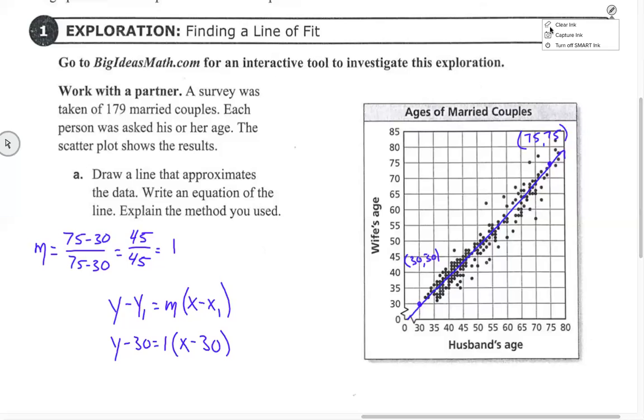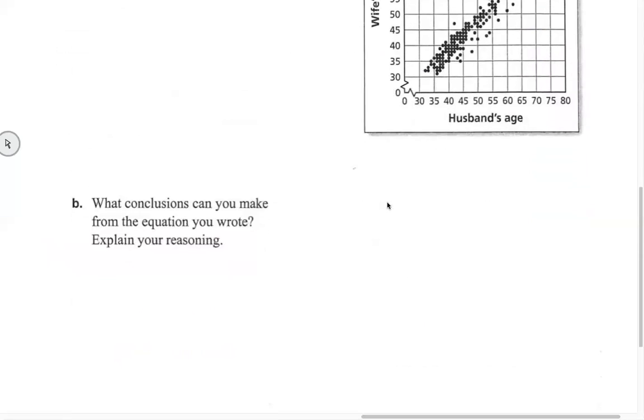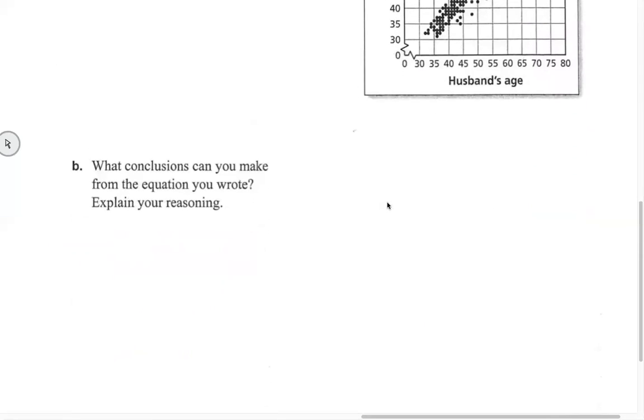All right. Let's look at this one. What conclusions can you make from the equation you wrote? Explain your reasoning. My conclusion was we marry people that are relatively close to our own age. How did I make that? By my slope. My slope was 1.